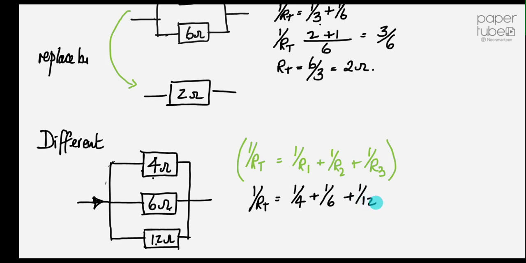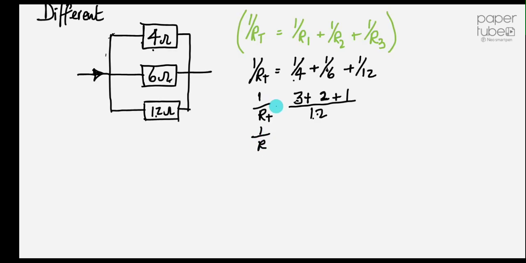The denominator is along the bottom. What's the one that's common to all? 12. What's a quarter the same as? 3/12. What's a sixth the same as? 2/12. Plus 1/12. 1 over R total.